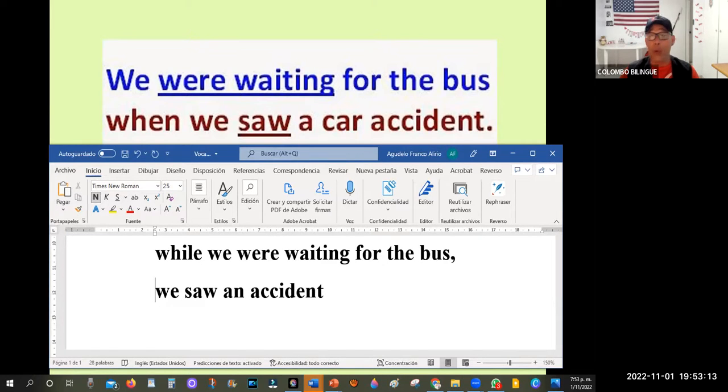You can say we were waiting for the bus when we saw a car accident, or while we were waiting for the bus, we saw an accident, or you can even say we saw a car accident while we were waiting for the bus. There are many ways, but remember what happens after while, and what happens after when, because that's where you have to focus your attention.